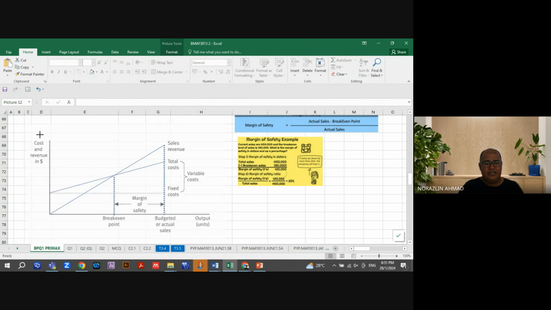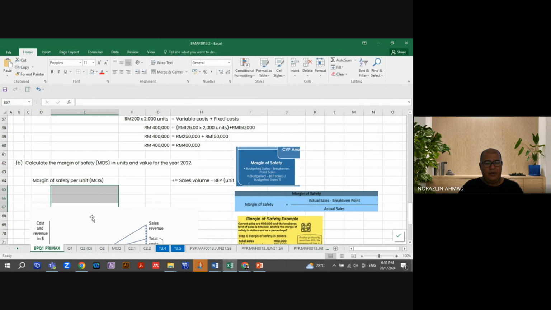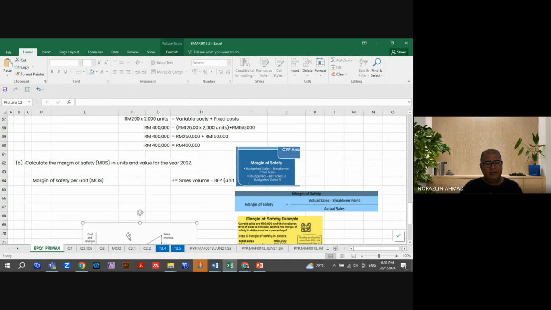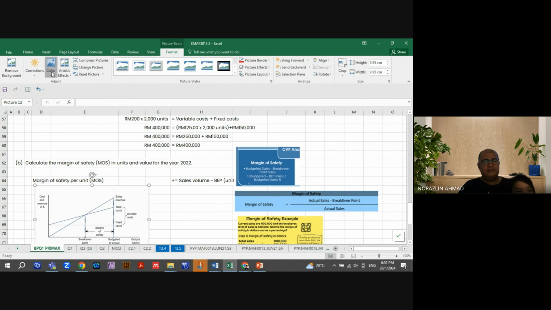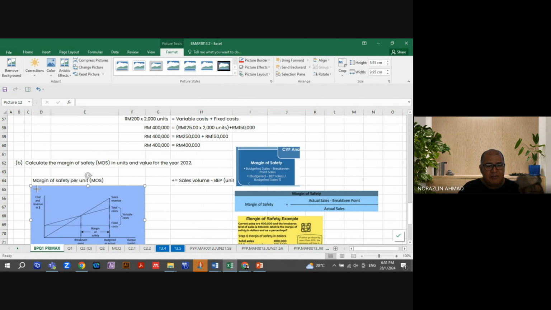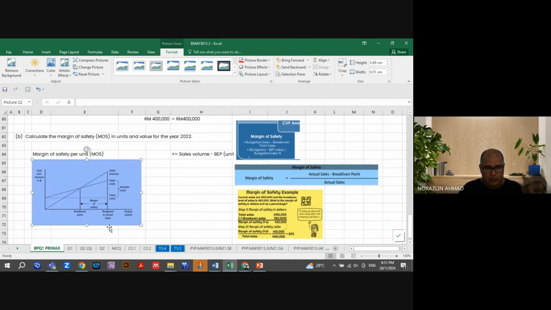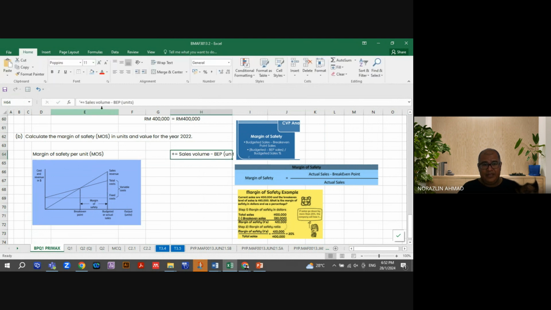This is margin of safety, the difference between your actual sale and the break even.